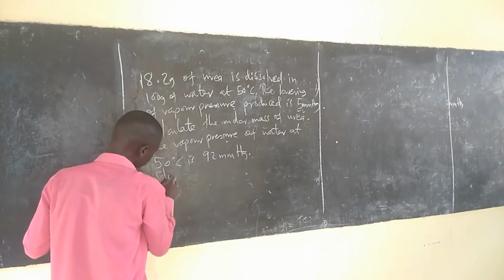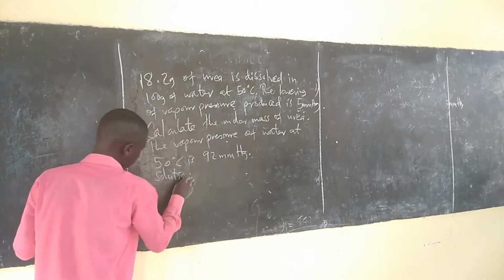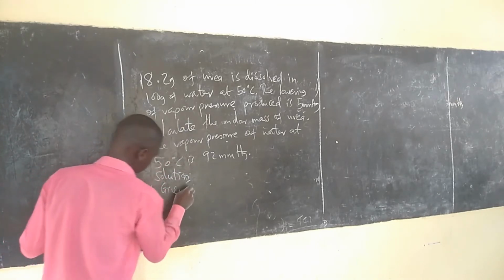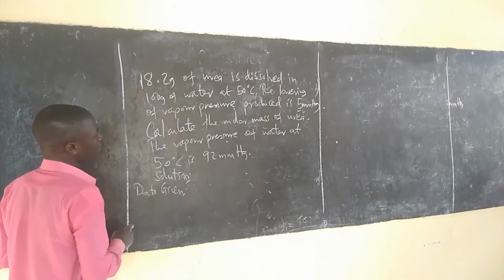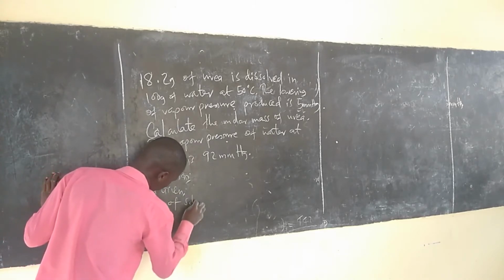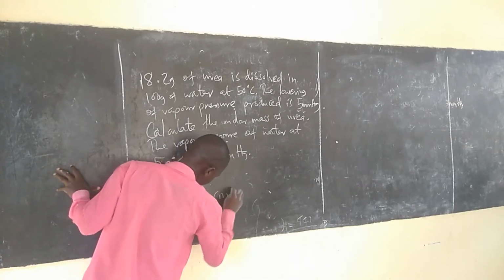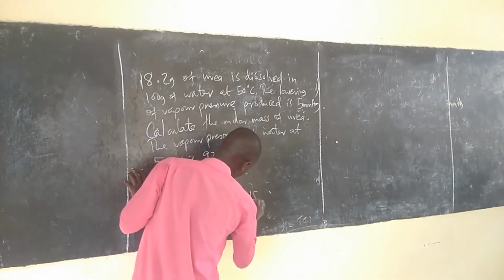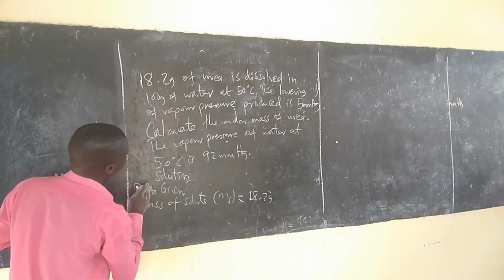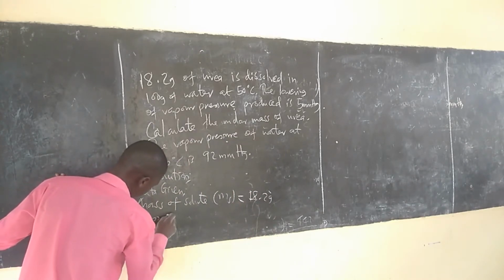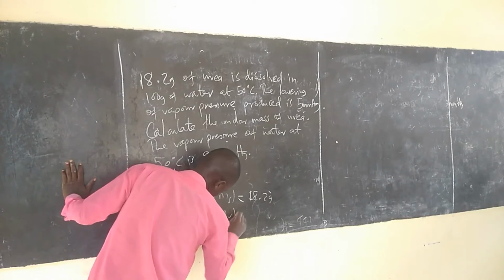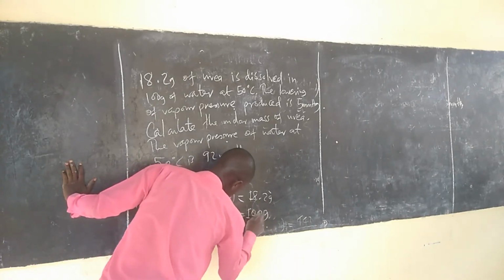Now solution, data given. In the part of data given, we are given mass of solute, 18.2 gram. Then you are given mass of solvent, 100 grams.